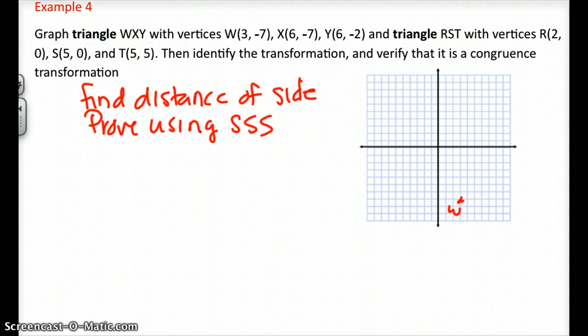There's W. My X is 6, -7. And my Y is 6, 2. Okay. And then I have my triangle RST with R being 2, 0. And then my S is 5, 0. And then my T is 5, 5.